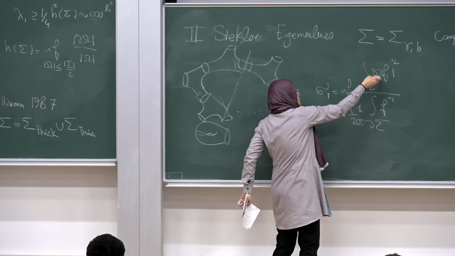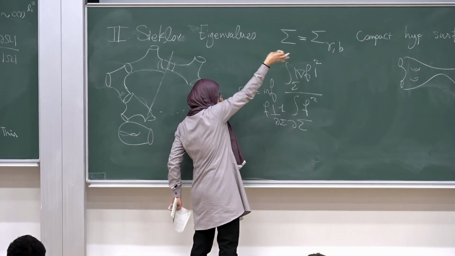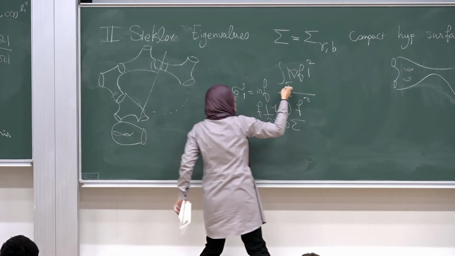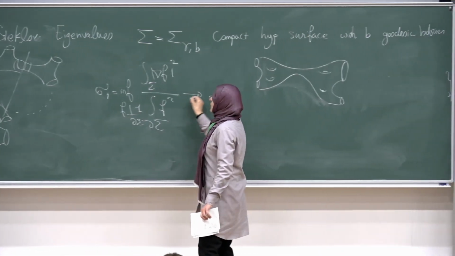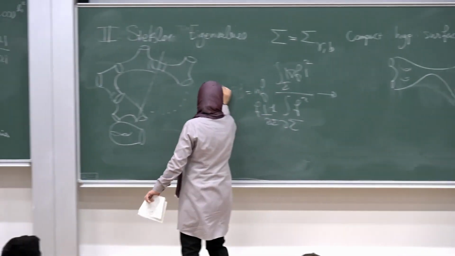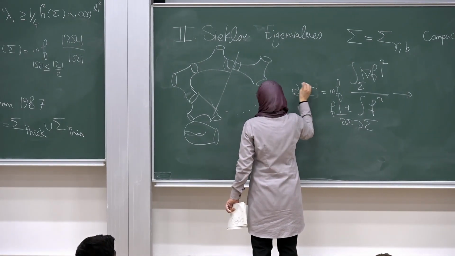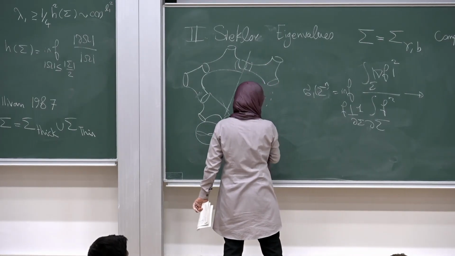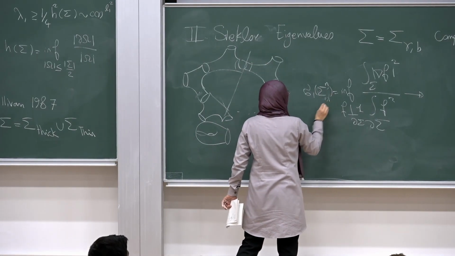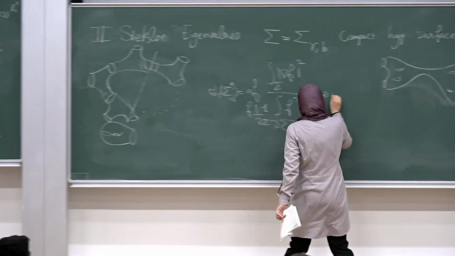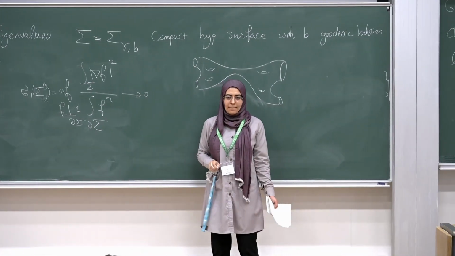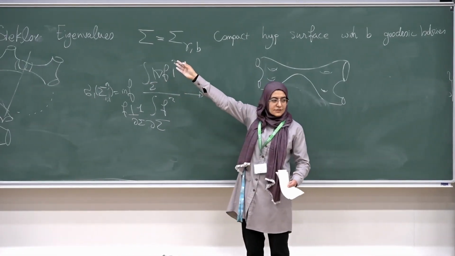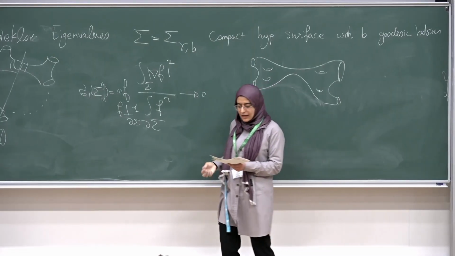So this is controlled by a constant that doesn't depend on the n-sheeted cover, but the L2 norm grows, so sigma 1 of this n-sheeted cover of this surface goes to 0. But they both have the same universal cover, so we have a small eigenvalue.